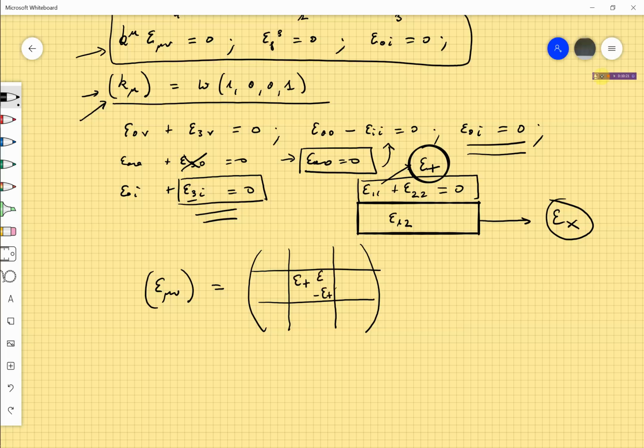And this is ε_×, because it is ε^{12}, and ε^{21} is ε_× as well, because it is symmetric. And the rest of the components are 0. ε_+ and ε_× describe the two polarization modes in a certain basis. They can be used as a basis for the two possible polarizations of the gravitational wave.